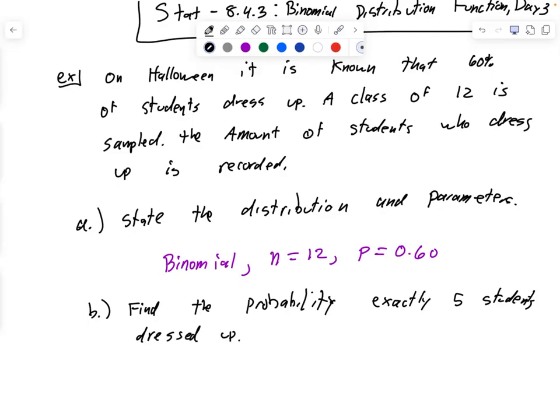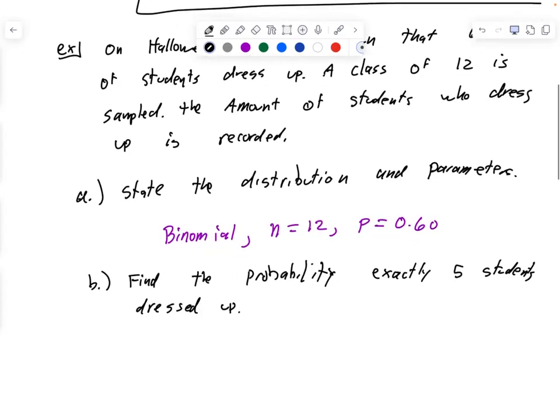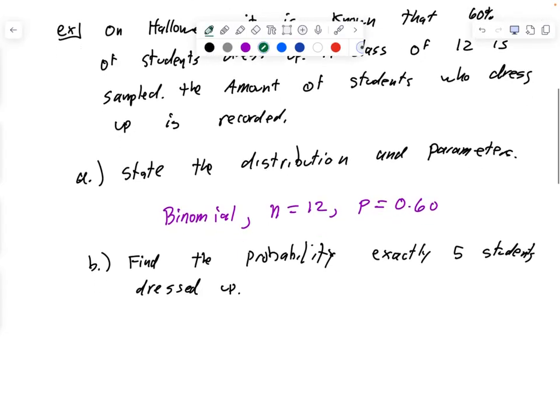Now, in the notes, I ask you to show the notation. What I'm asking you to do is write the probability with the equality or inequality. So this question is asking me the probability that what? Think about your do now. How did I ask you the question on your do now? There's a 5.